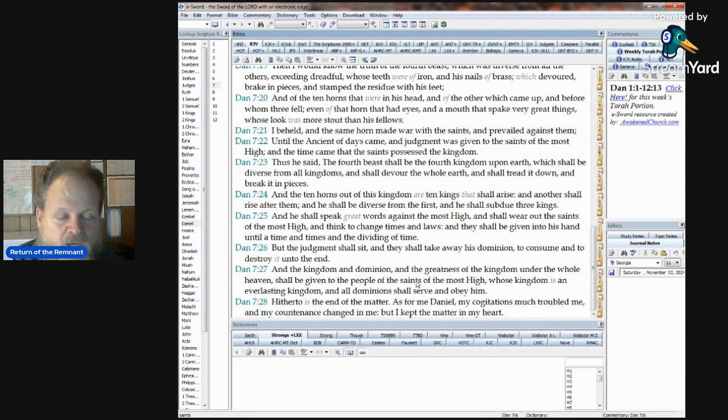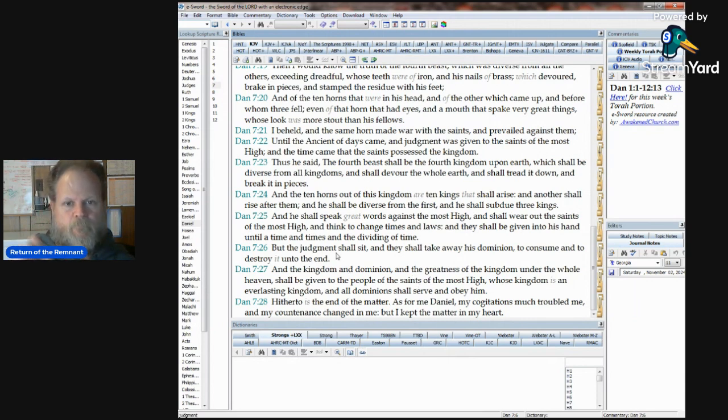Because out of those ten kings, another one starts to show up within those kingdoms. One of them does, which is the Antichrist, and he will rise to power. He will eventually subdue three of these kings. He will overpower these kings, and he will have their authority. So then we will be at a point where there will be seven kings, and then one king would be the Antichrist, which will have the power of three kings.